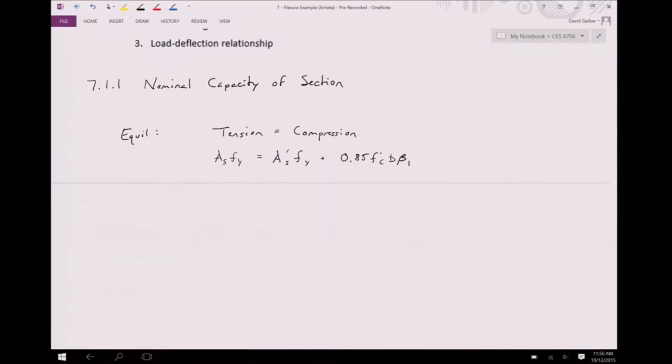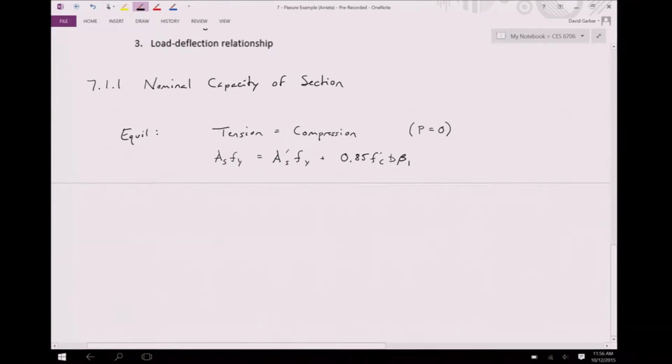So we're starting with the nominal capacity of the section. This should be pretty familiar by now. We'll start with tension equal to compression because we don't have any applied external load. So for our tension, we're assuming that our steel yields for both tension and compression.